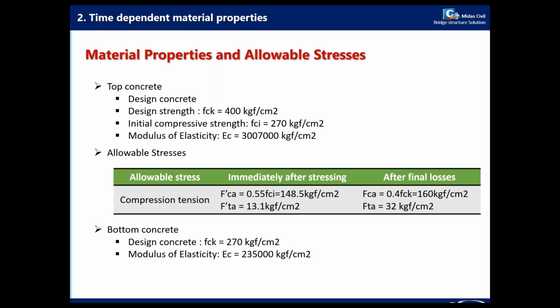The bottom concrete, we have for the design concrete, the compression strength is about 270 kilogram force per centimeter square, and its modulus of elasticity is given.